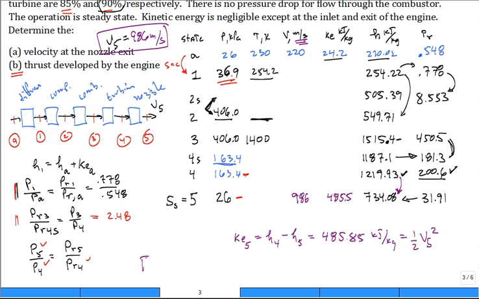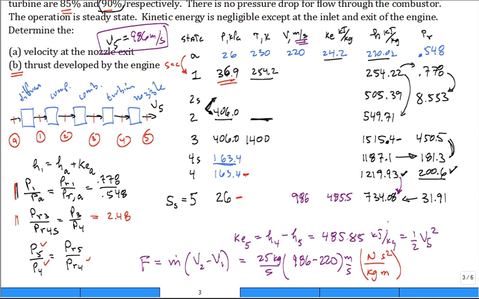It's the mass flow rate times V2 minus V1, which is 25 kilograms per second times 986 minus 220 meters per second. What is a kilogram meter per second squared? A newton. So you get newtons for the thrust. Okay? So that's the answer to part B.